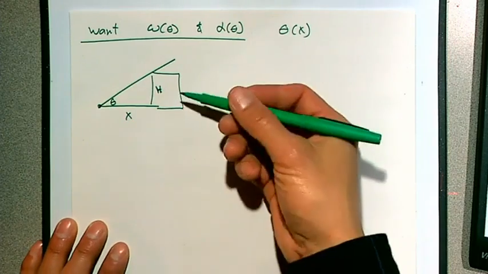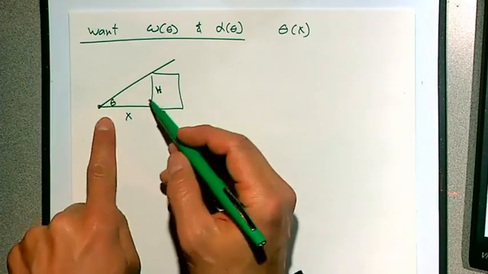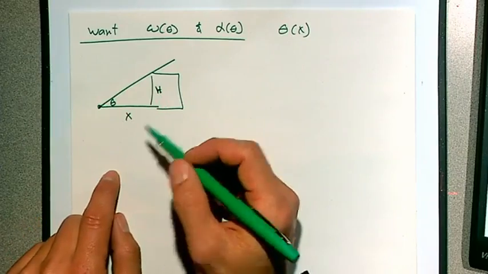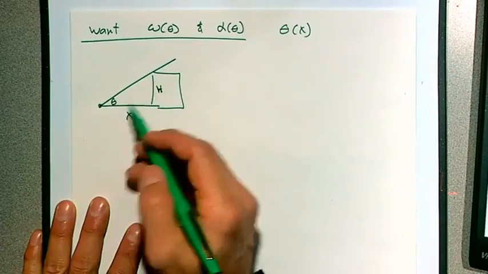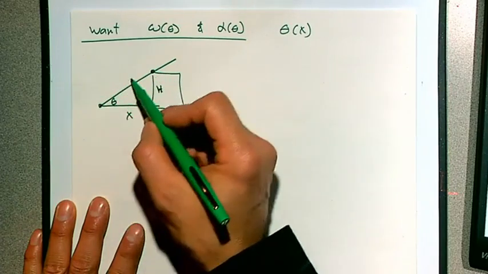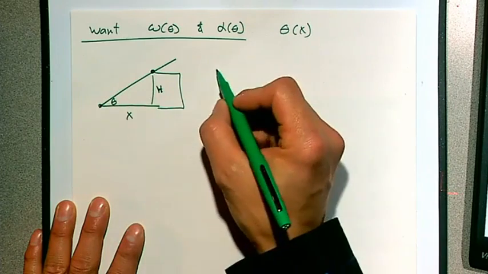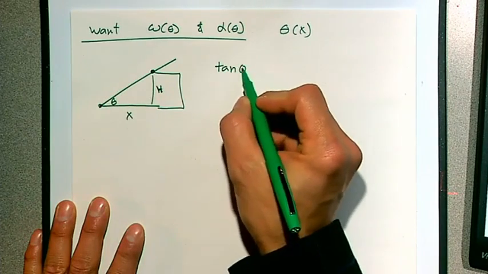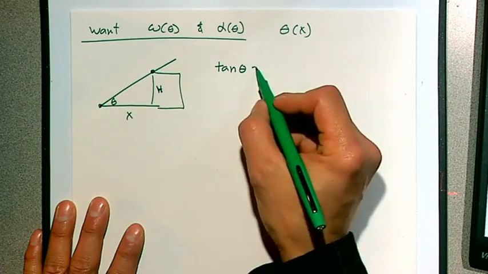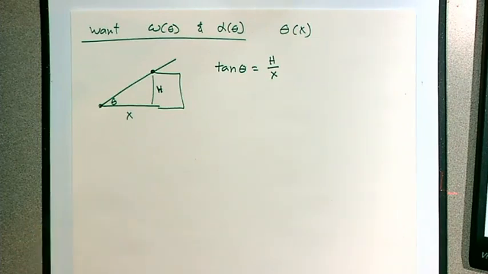Well, as this box slides over, this bar goes up. So they're related by some trigonometry. Here, the easiest thing for me, this contact point changes, so the hypotenuse is always going to be a different length. But if I look at tangent of theta, h over x.